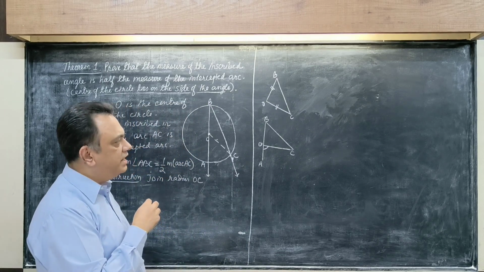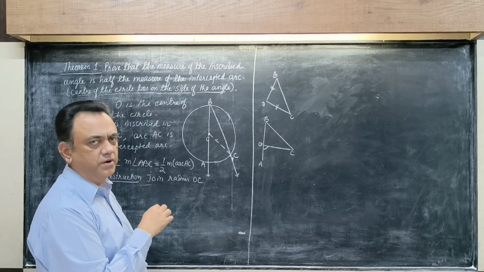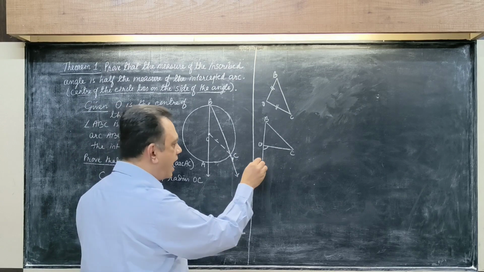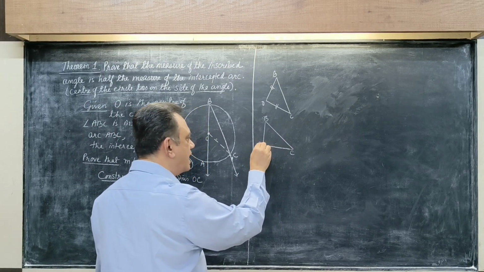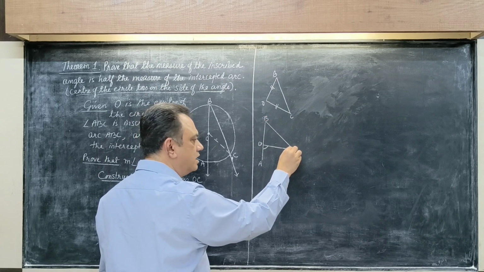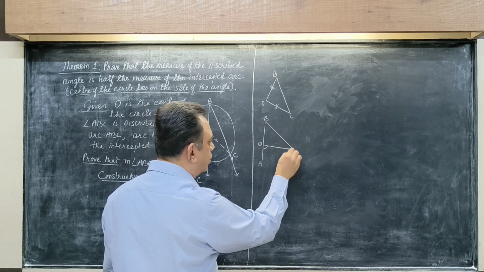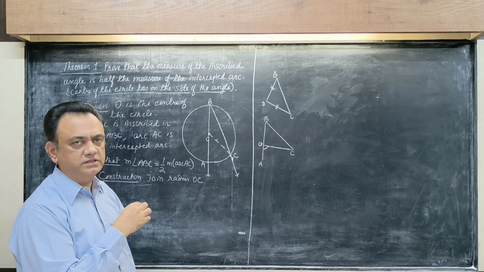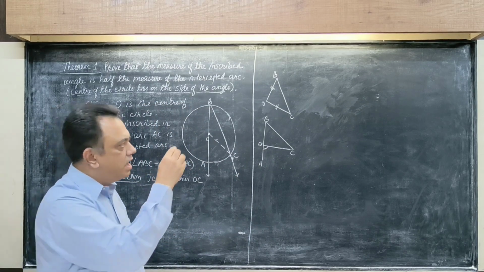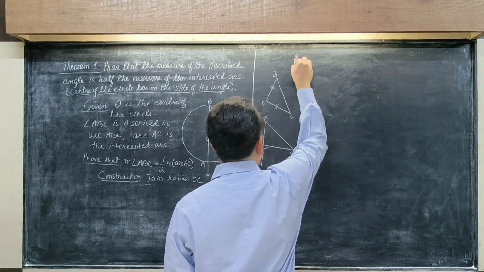By remote interior angles theorem, angle AOC is equal to angle OBC plus angle OCB. I'll write down these steps.